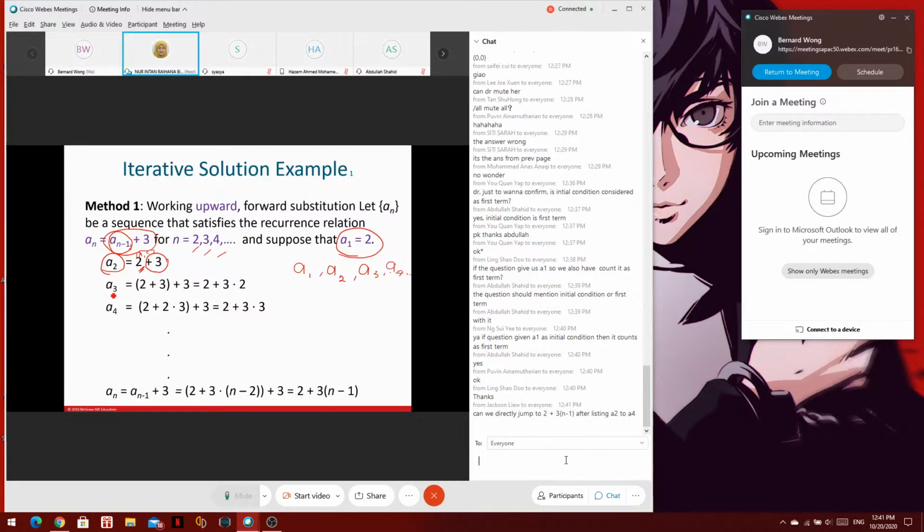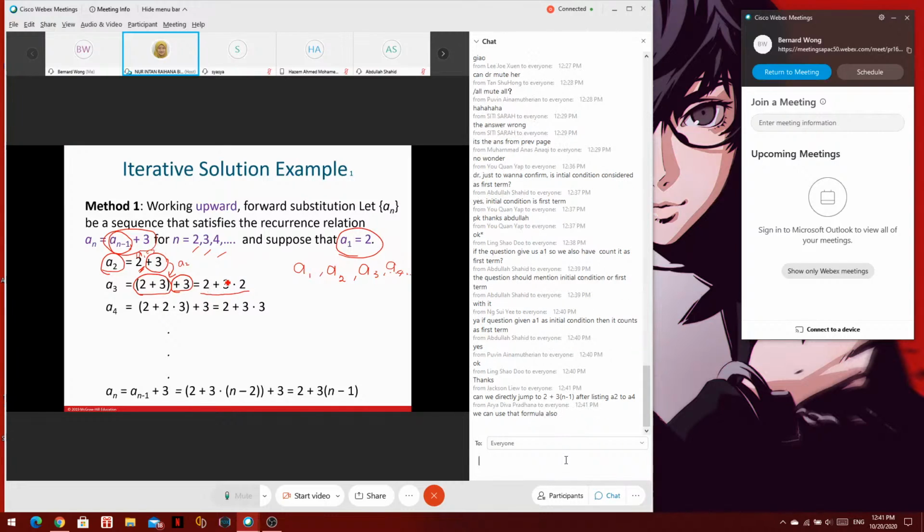Then a_3 again takes the same formula from the previous one, a_2, and you add 3. You may rewrite it as 2 plus 3 times 2.